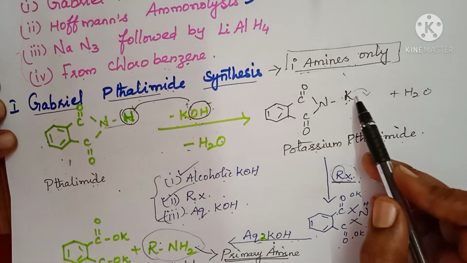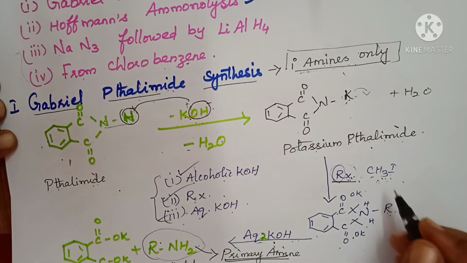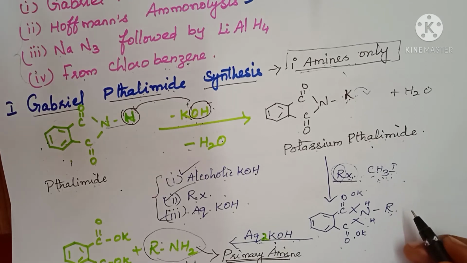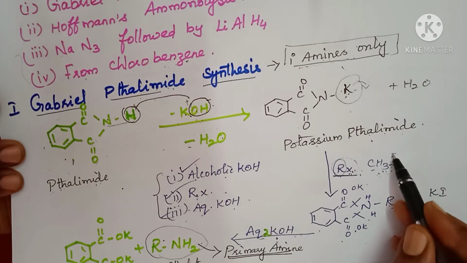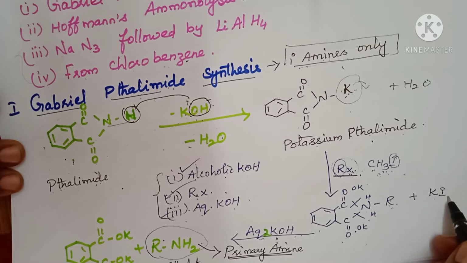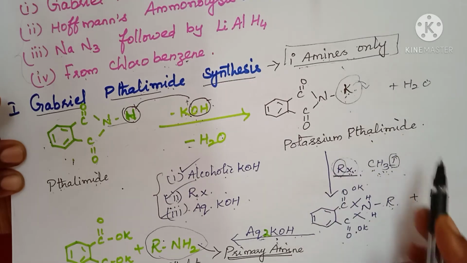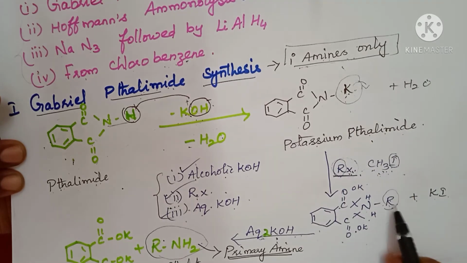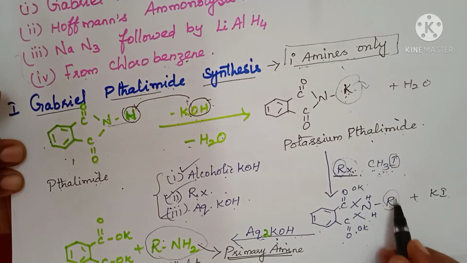Here the K is there, and this K combines with the iodine part, and you get potassium iodide. Then in this K position, the alkyl group is going to sit. Now in the same potassium thalimide, just remove that K and in that place keep R.